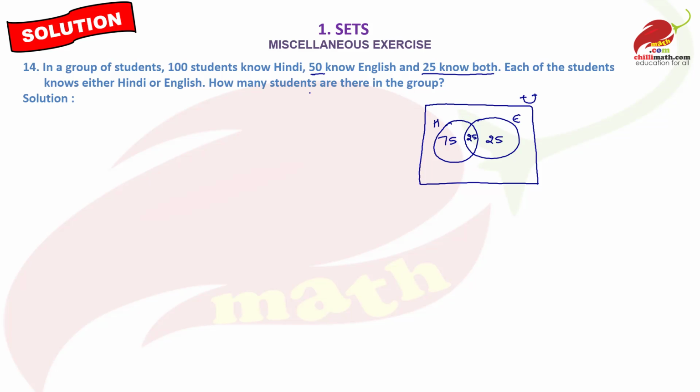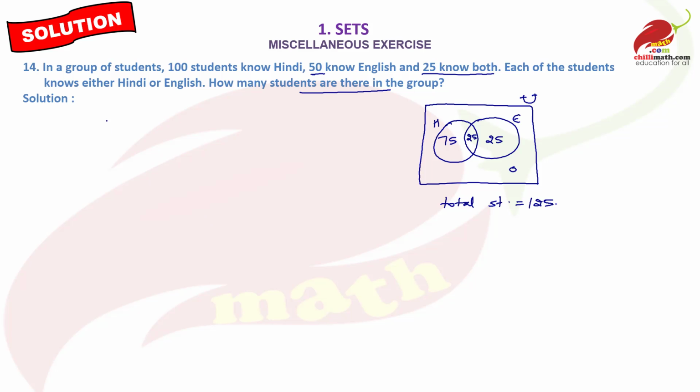Okay, so as it is given that either they know Hindi or English, that means no student is there who doesn't know Hindi or English. So we are asked how many students are there in the group. So total we have 125 students. So total students 125. I hope it is clear.